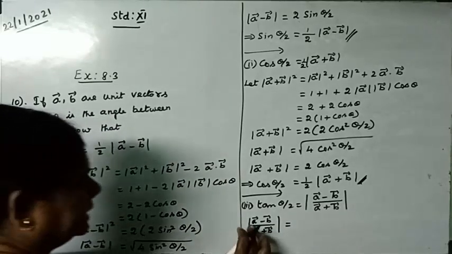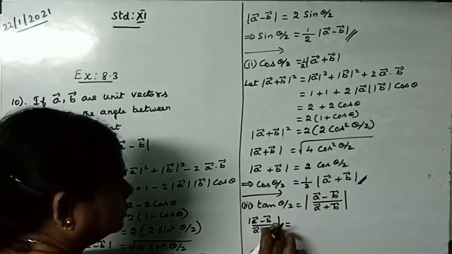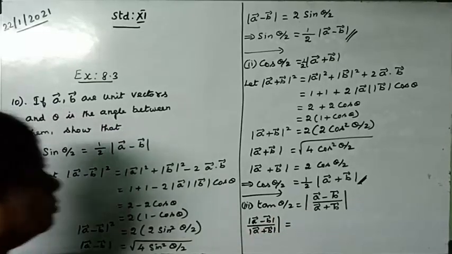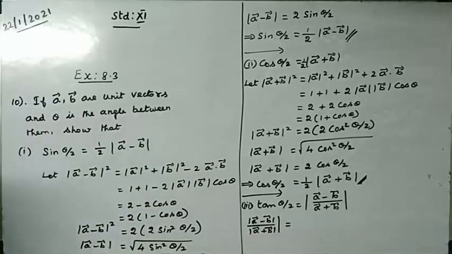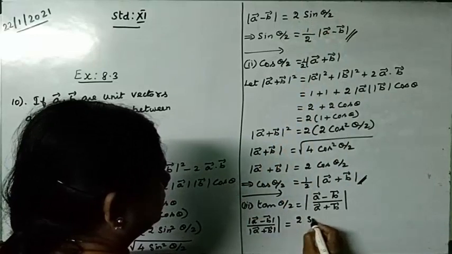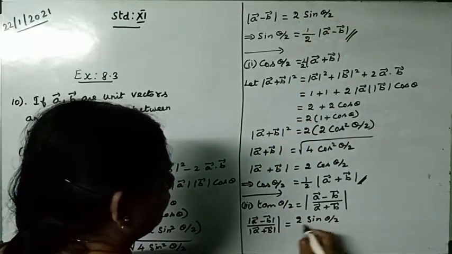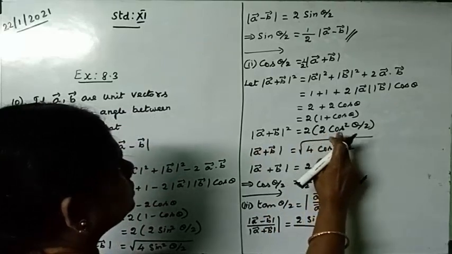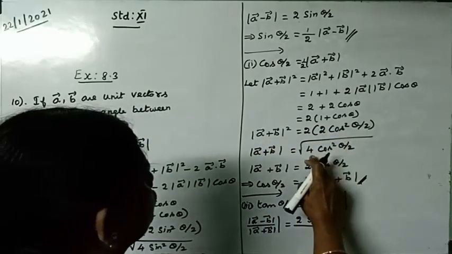We can write them separately, taking the modulus of each separately. Modulus of A vector minus B vector is equal to 2 sin theta by 2, which we have already proved, so we write that here. In the same way, A plus B is equal to 2 cos theta by 2.